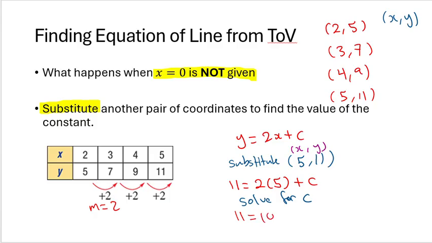So it becomes 11 equals 10 plus c. And then when you do your standard solving, you end up with c equals 1. That means the rule of the line is y equals 2x plus 1. And you will get this same answer regardless of whatever coordinate you substitute into, okay?